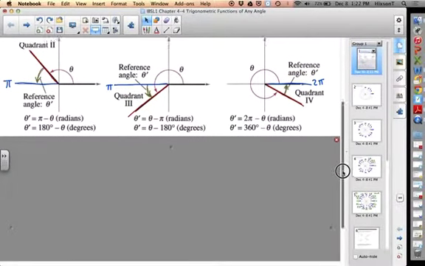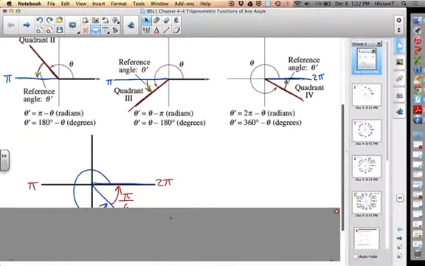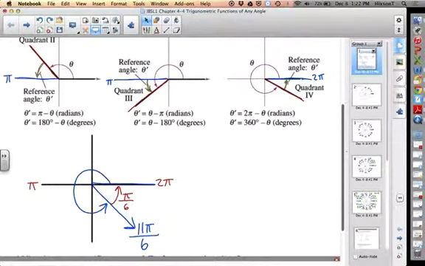Now, let's practice with this a little bit. Here's 11 pi over 6. If I think, how much short of a full 2 pi is that? Well, 2 pi would be 12 pi over 6, so I'm pi over 6 short. There's my reference angle.